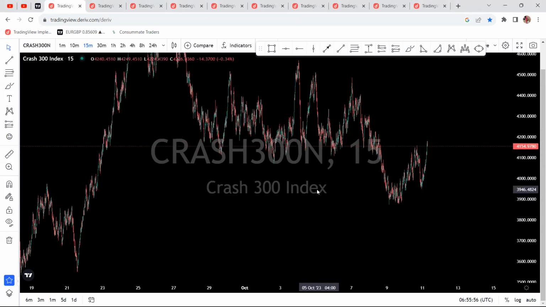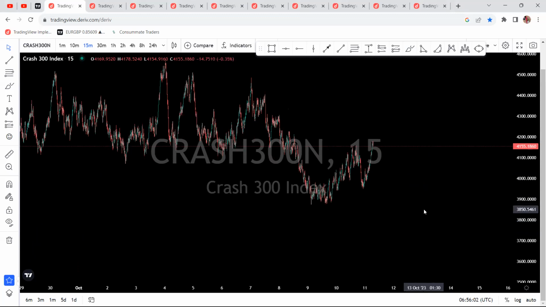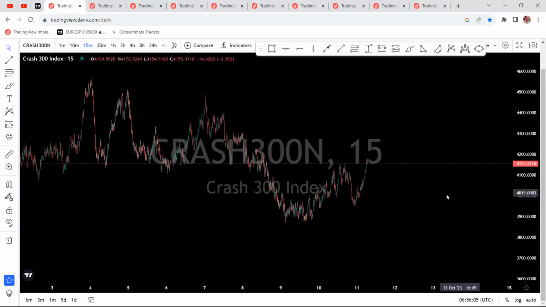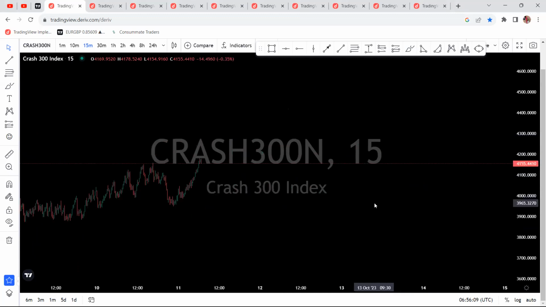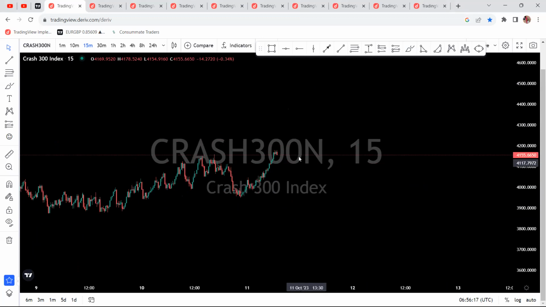So, can the market still go down? Possible, it can, but from what we are seeing here, I think the market needs to do a corrective structure for another up at this moment, because what I see here is a fast down and a fast up, fast down and a fast up. Anytime you see something like that, you will need to see a corrective structure for another up.